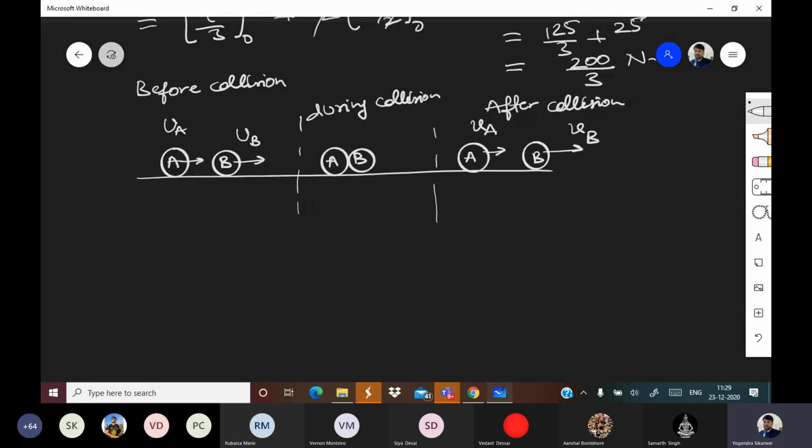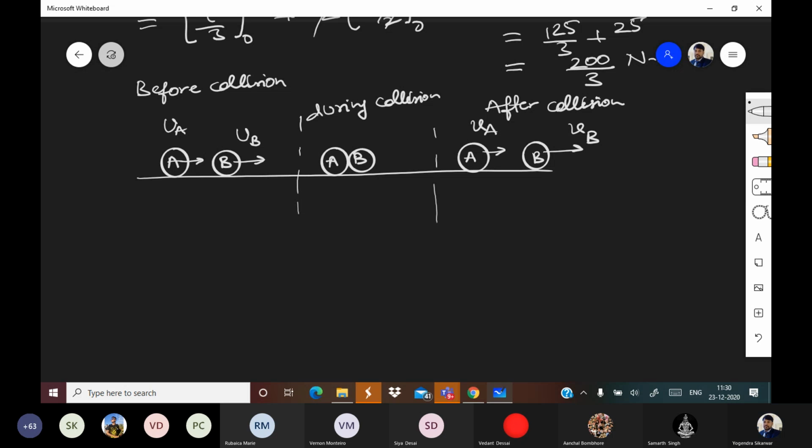If UB is more than UA, A will not be able to reach B. If UA is equal to UB, the separation between A and B will not reduce and the collision will not happen. So for collision to happen between A and B, UA must be greater than UB.